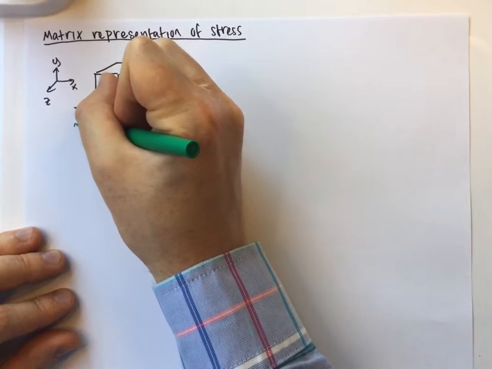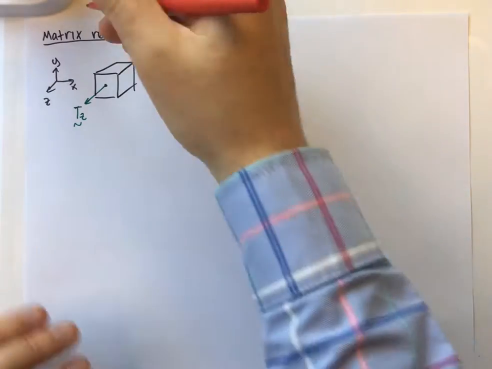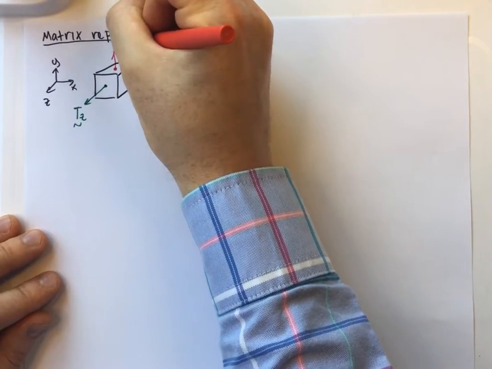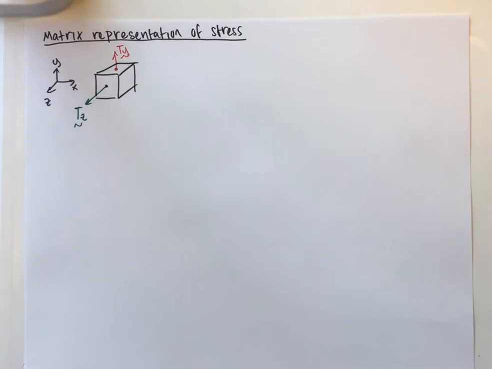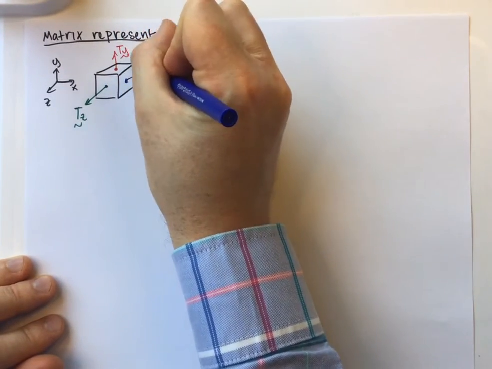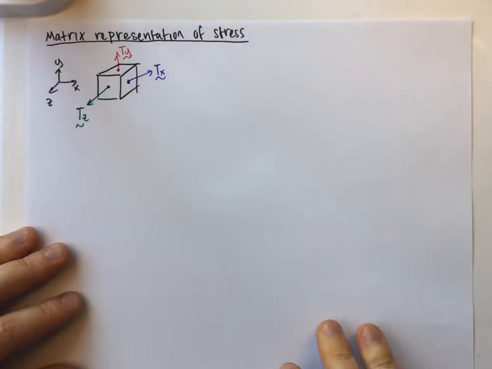So we had tau z, which is in green. We had tau y, t for traction, ty on the top face, and we had tx, which is on the x face.